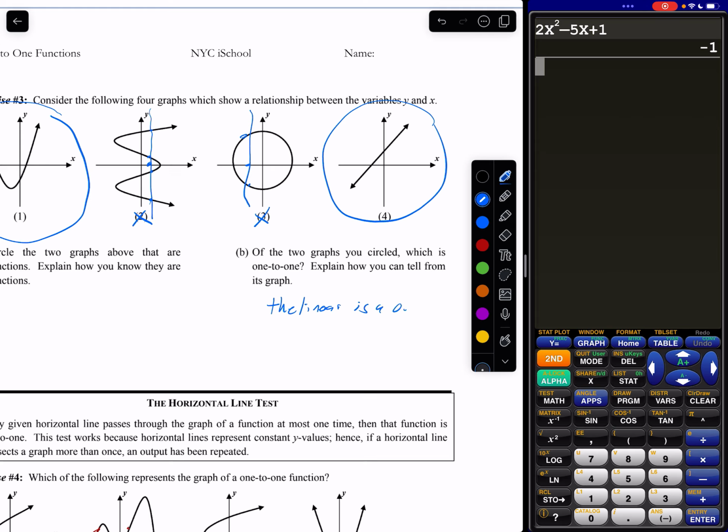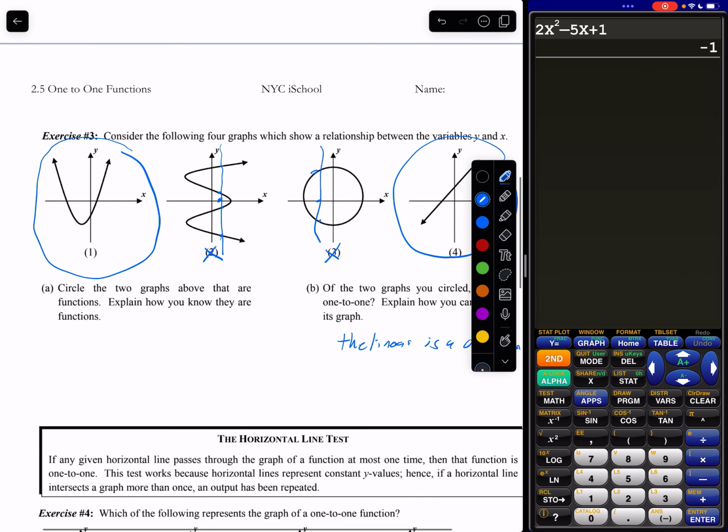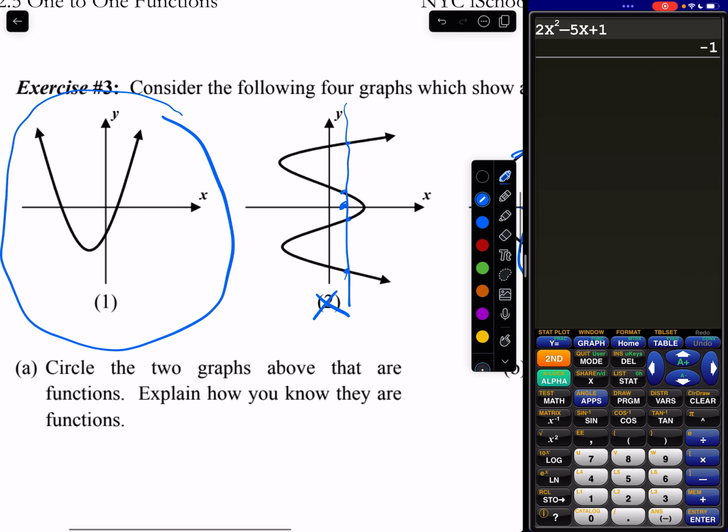is a one-to-one function. Okay? Now, how do we know here? If I look at this one, let's say this is an output of 2. If I have this input and this input, they both give an output of 2.